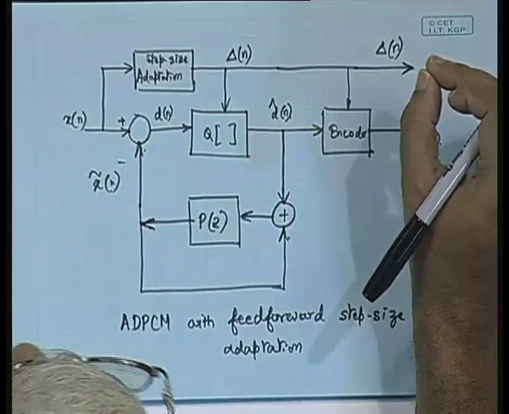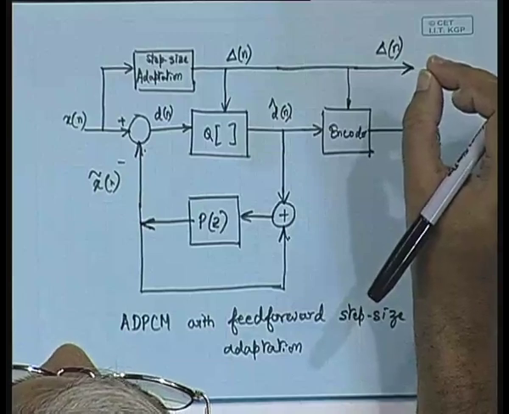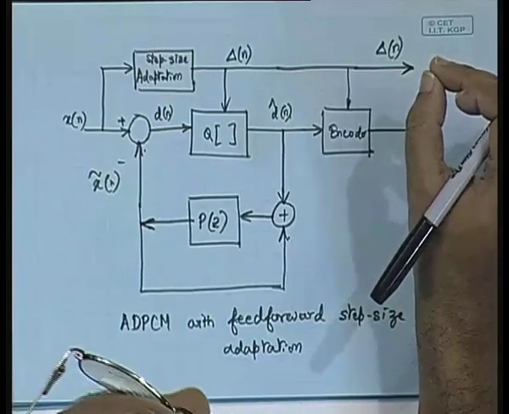Maybe if it is a mistake in the least significant bit, that may not affect the performance very significantly, but delta n is very crucial, because in case there is any error in delta n, and delta prime n is significantly different from delta n, in that case the step size would change drastically. The step size would make an error, and as a result, the signal reconstruction itself goes wrong to a very significant extent.